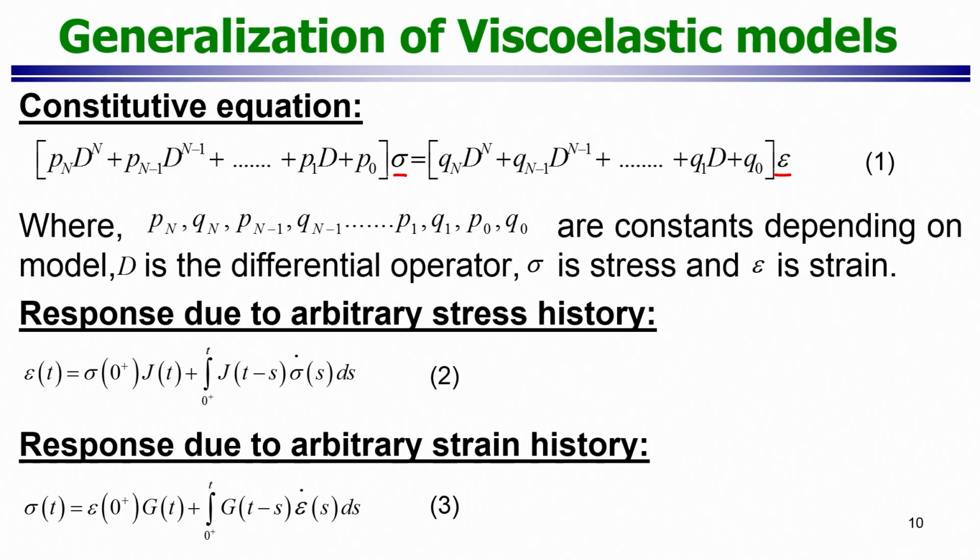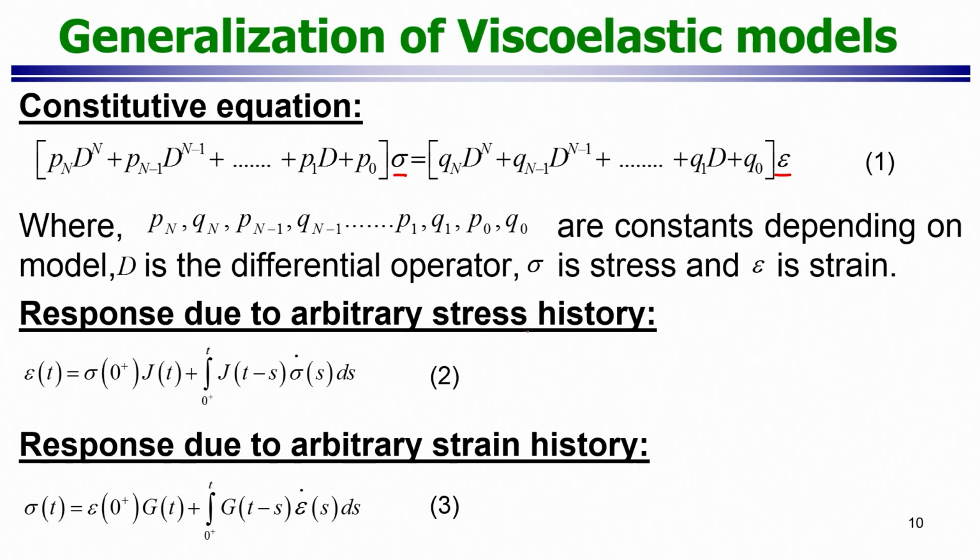The coefficients multiplying the stress and the strain are made up of many coefficients and powers of the differential operator. The exact values of Pn, Pn minus 1 or Q naught, etc., depend upon the kind of model you use, and we saw how to derive this equation in different contexts.